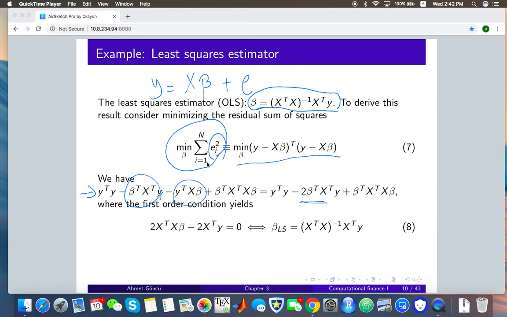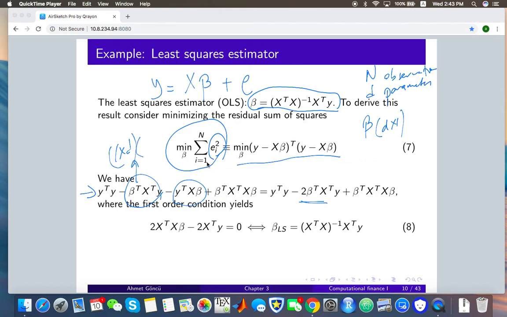Notice that if you have, let's say, n observations in this regression, and d parameters, the size of your beta vector is d by 1, and you can verify that beta transpose is 1 by d.